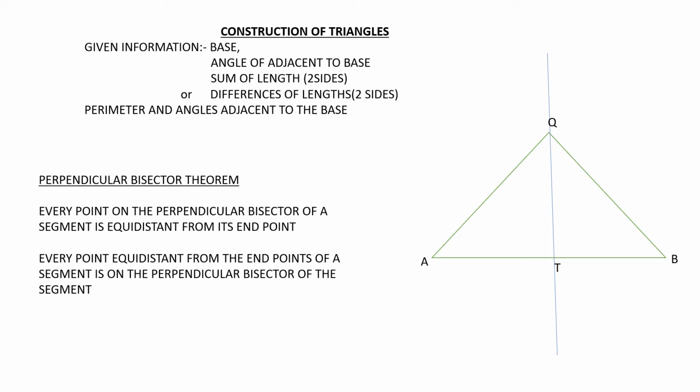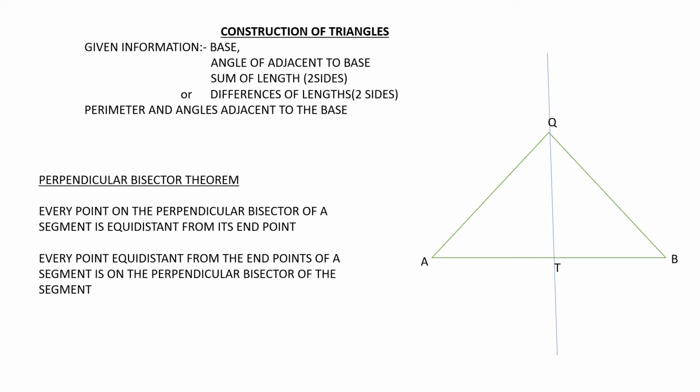In your previous classes you would have heard that while constructing a triangle, there are three important things: the point, their arms, their angle, their vertices, right? Based on this given information, you can draw a triangle.